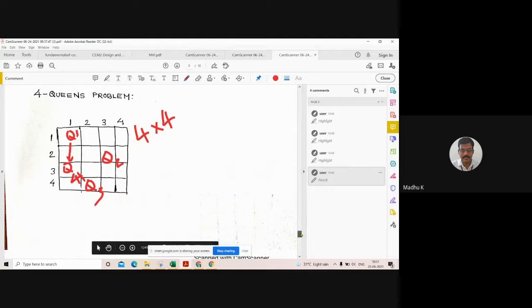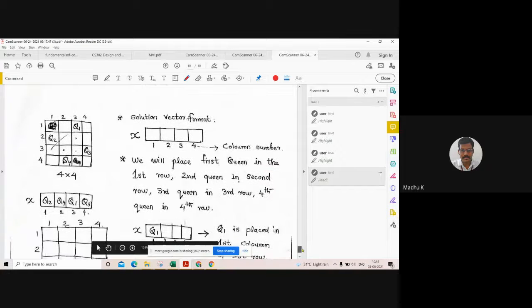For example, I will show an arrangement. I am placing q1 here, then q2 here, then q4 here, and q3 here. So they will not attack each other. I want to find such an arrangement. This is one solution.